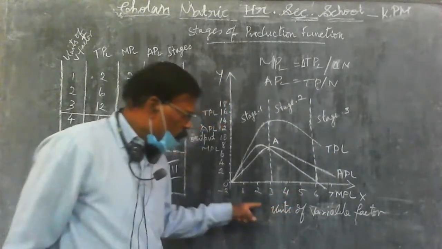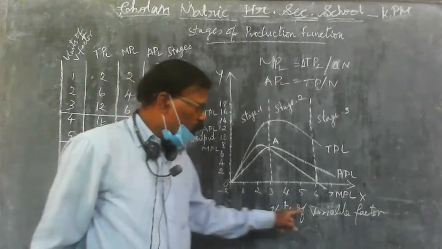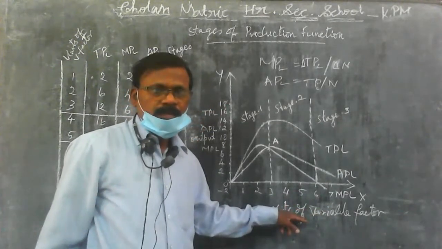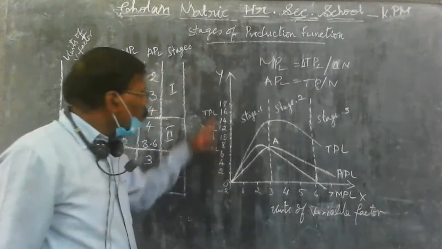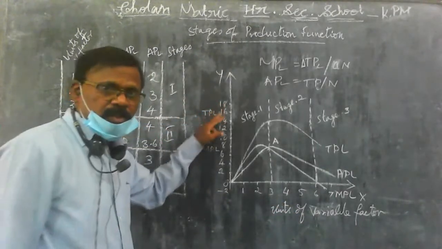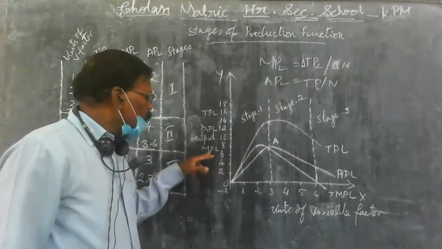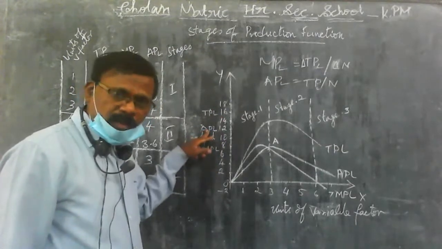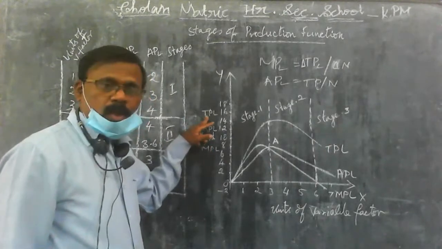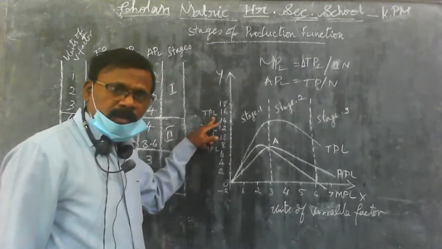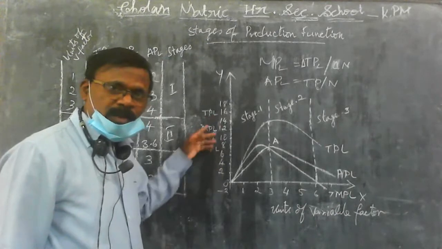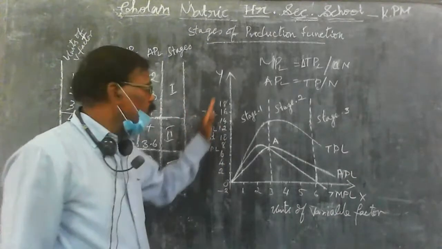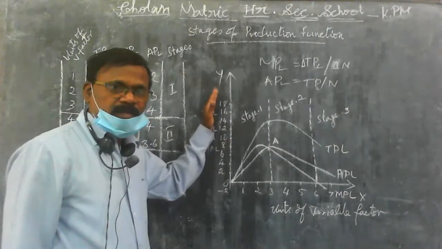X-axis measures the units of variable factor, that means the units of labor. The y-axis measures marginal product of labor, average product of labor, then total product of labor. That means the output is measured on y-axis.